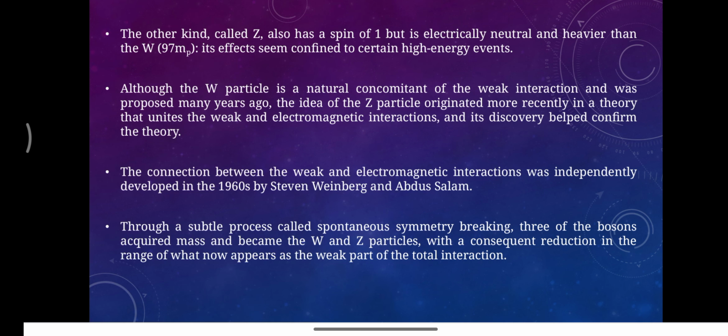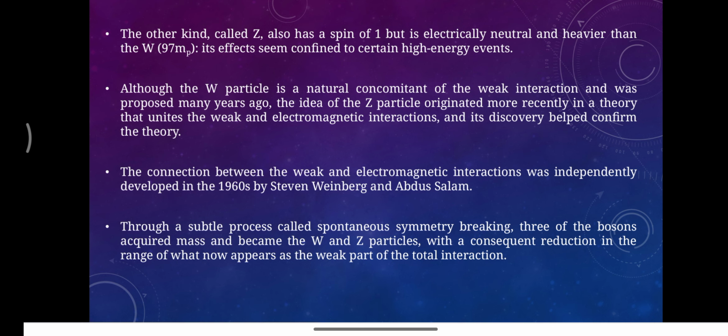The connection between the weak and the electromagnetic interaction was independently developed in the 1960s by Steven Weinberg and Abdus Salam. The key problem in constructing the theory was that the carriers of the weak force have mass, whereas the carriers of the electromagnetic force, namely photons, are massless.